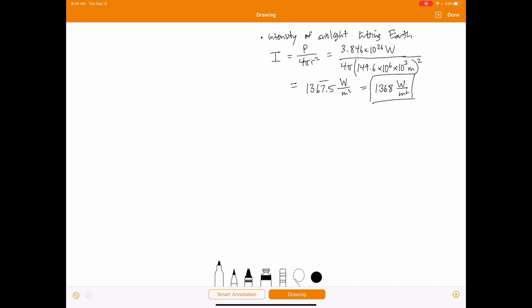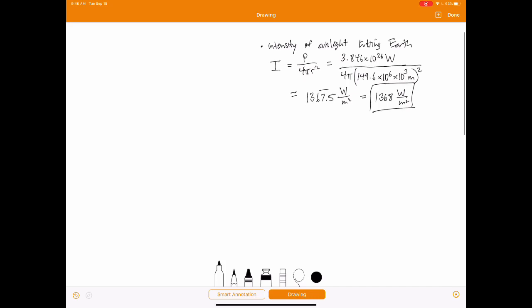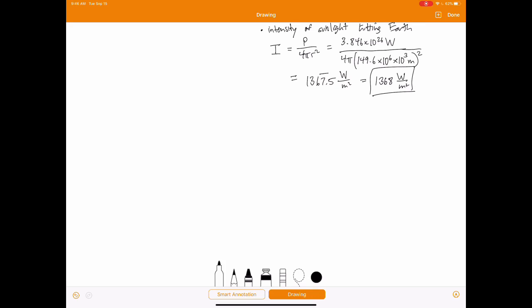Okay, there's a little bit of a complication here that I want to point out. You probably know that near the equator, temperatures are very high, and if you're near the North Pole or the South Pole, the temperatures are very low. So it's not like the intensity of sunlight is really the same everywhere on Earth. So let me just draw a picture for you. This is the surface of the Earth, and here are some rays of sunlight coming in.